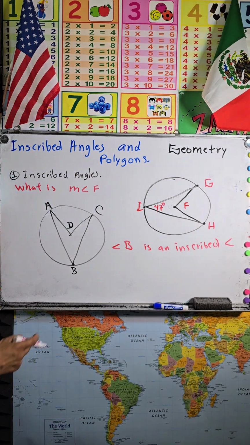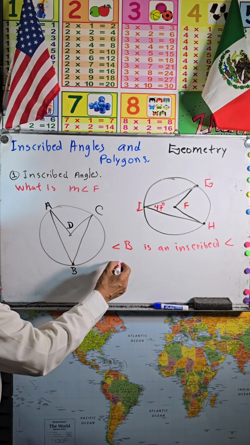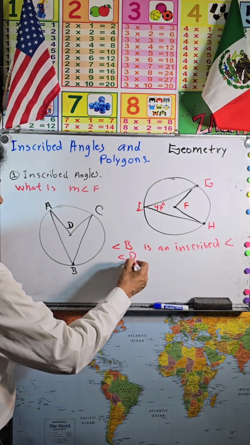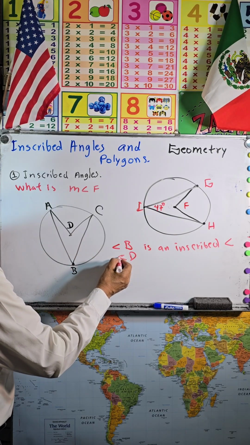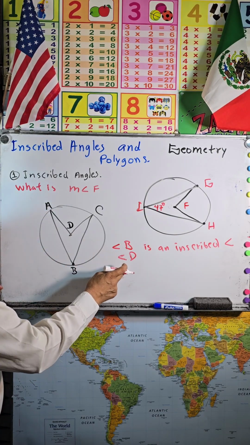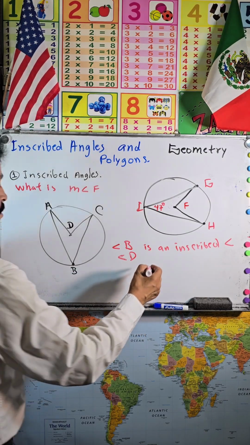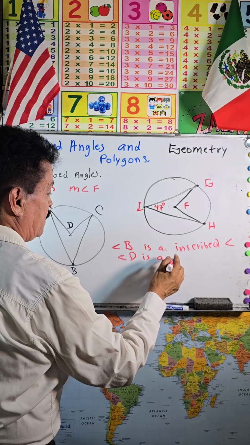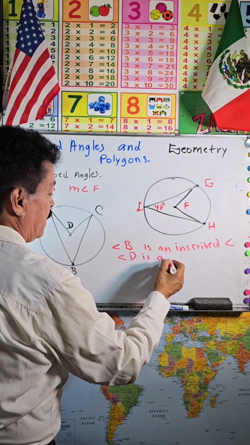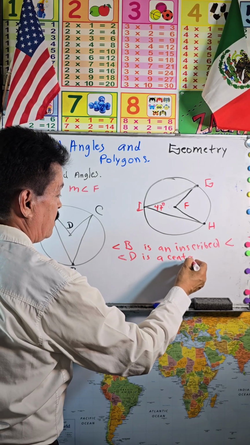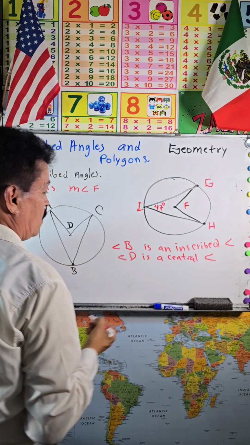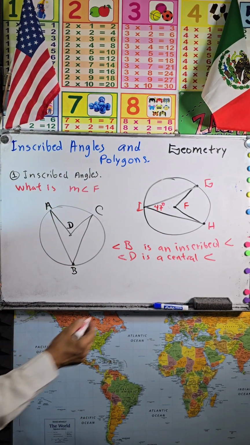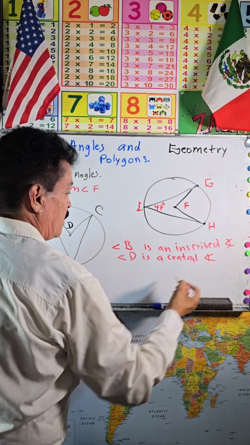Whereas angle D, you need to be focused on this angle D. The angle D is a central angle. All right.